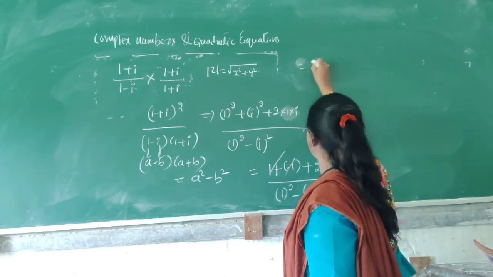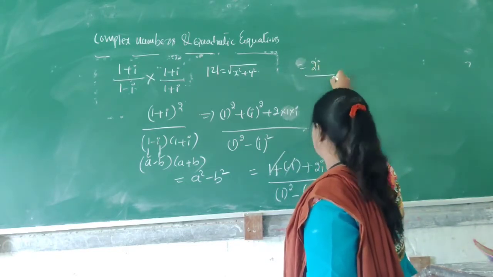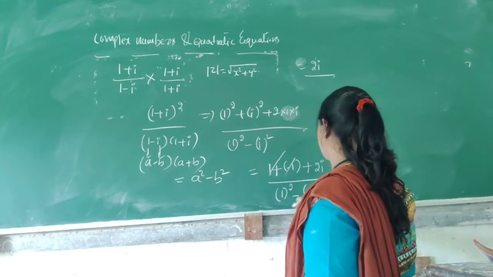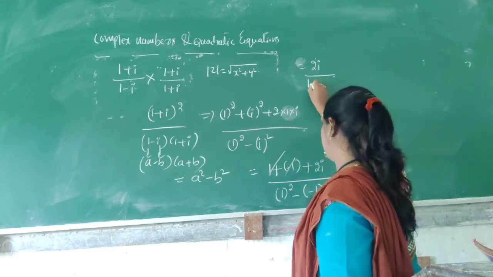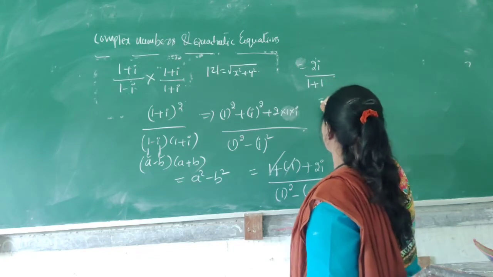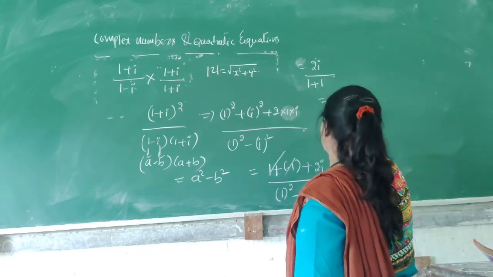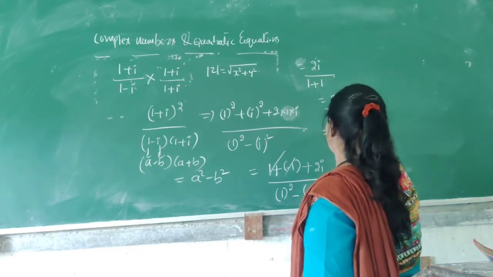What remains is 2i divided by 1 square minus of minus 1, and minus of minus is plus. So 2i divided by 2 is equal to i.